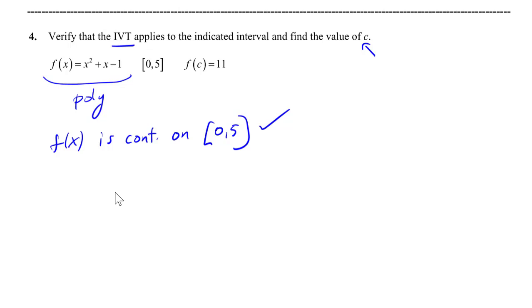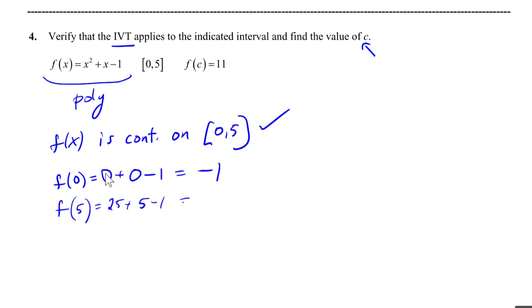So then I find what f of 0 is. It's 0 plus 0 minus 1, so it's negative 1 there. And f of 5 is 25 plus 5 minus 1, so 29.